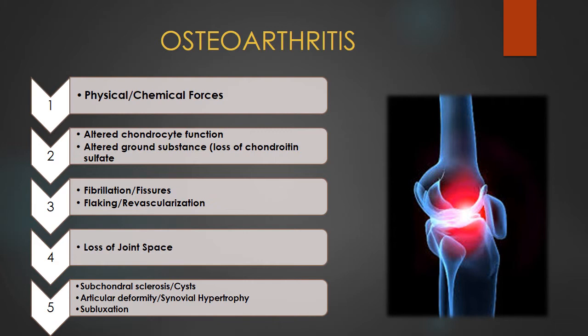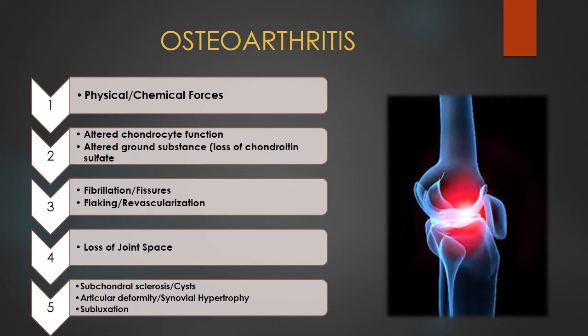Well, with cartilage, cartilage has cells. They're known as chondrocytes. The chondrocytes secrete fibers. They're typically collagen fibers, but also in the case of elastic cartilage, the chondrocytes secrete elastin fibers. And then the chondrocytes also secrete an extracellular matrix, which in the case of cartilage we refer to as ground substance.